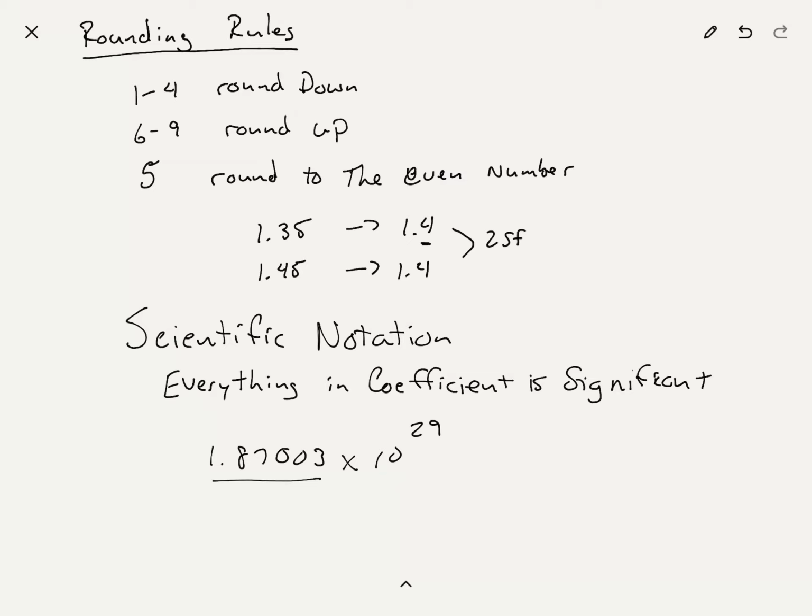And that's pretty much how it should always work. But they're all significant. So if you needed to round that to 4 significant figures, you'd simply just put 1.870 times 10 to the 29th. If you wanted to round it to 1 significant figure, you'd just put 2 times 10 to the 29th.